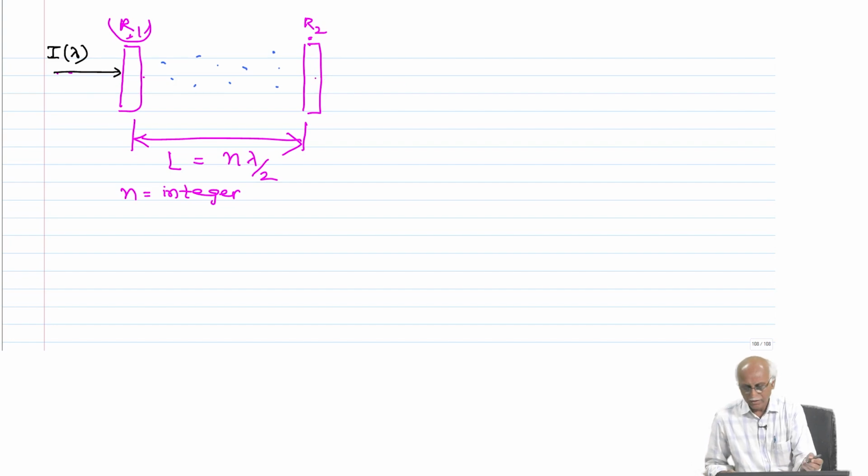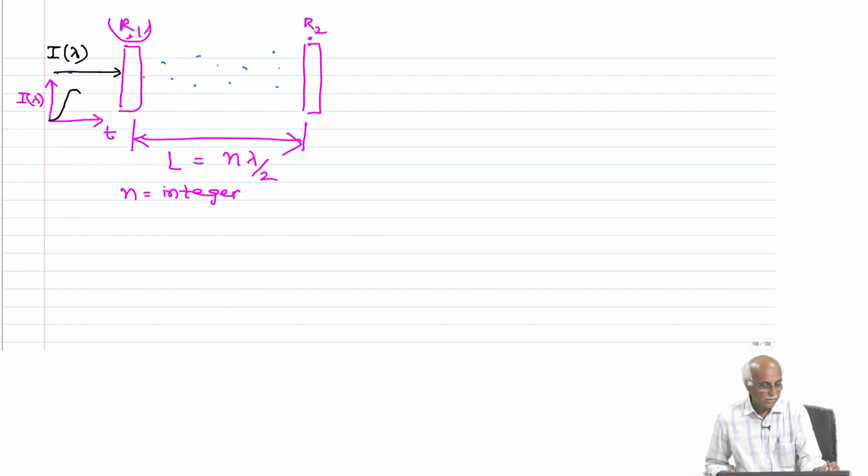Even if R1 and R2 are equal, some transmission on either end can take place. So I am sending a pulse, with time t on the axis.